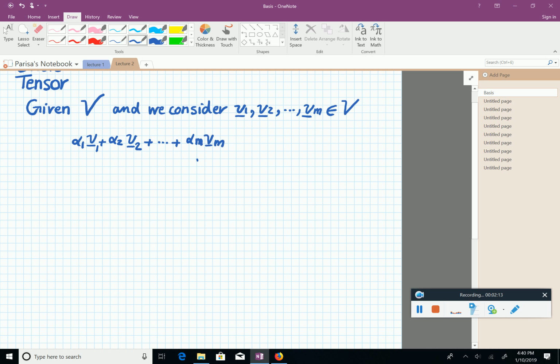is equal to 0. Tell me, is this a 0 vector or a 0 number? Vector, right? So I need to put this underline to distinguish that from a number. So imagine that we have these vectors given, and we have this linear combination equal to 0, for unknown alphas.